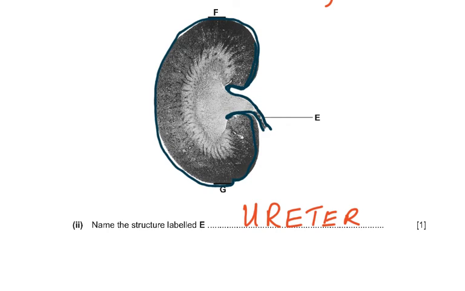And the marks were for minimum size, as long as it covers the whole part of the paper that is given to you. Clear and clean outline drawn with a sharp pencil. Detail of the boundary between cortex and medulla. So you have to draw this line as well, the boundary between the cortex and the medulla.